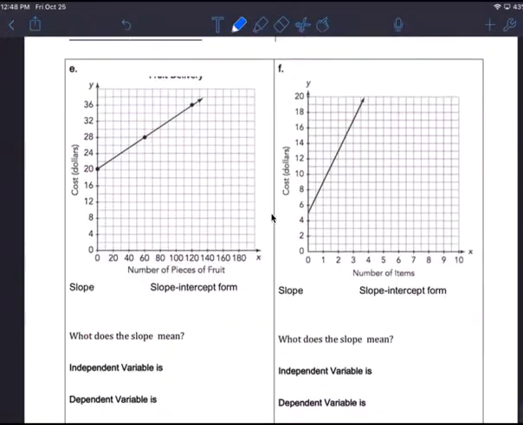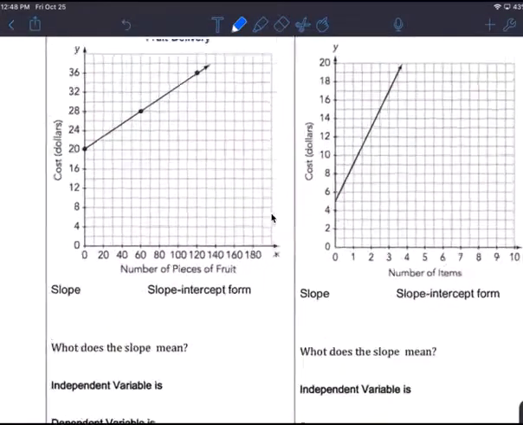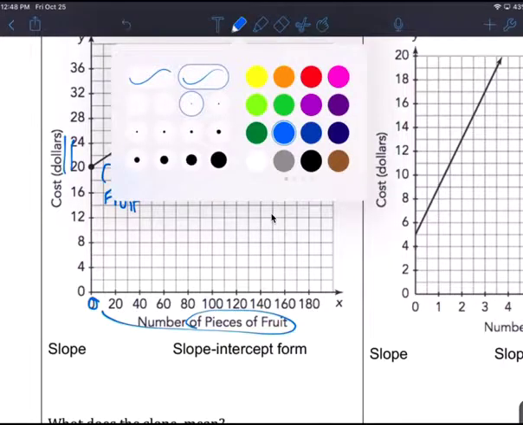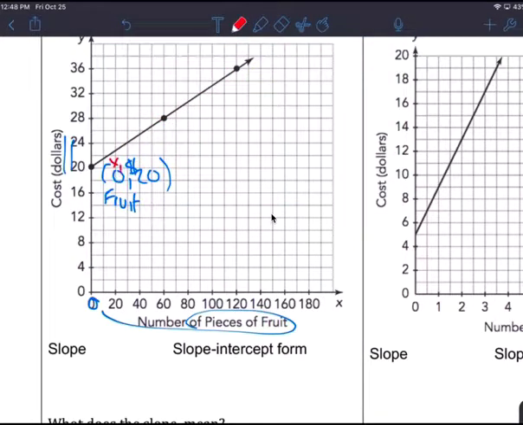Okay, back side, same thing. Let's find the slope. 2 points, let's do 0, 20. The 0 is pieces of fruit. $20. Oh, they must charge an entrance fee then. That's x sub 1, y sub 1.